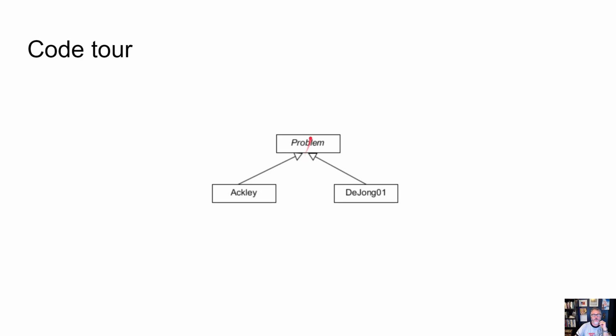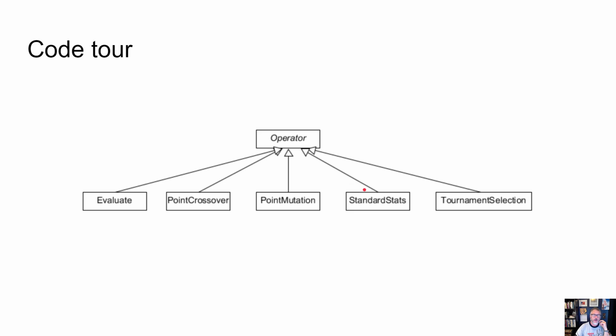As I said, problem is an abstract superclass to both Ackley and deong01, and we'll look at the specifics of this. And our operator class is the root class for evaluate, point crossover, point mutation, standard stats, and tournament selection. All right, so those are our files. In our next videos, we'll take a look at some of the code in particular.